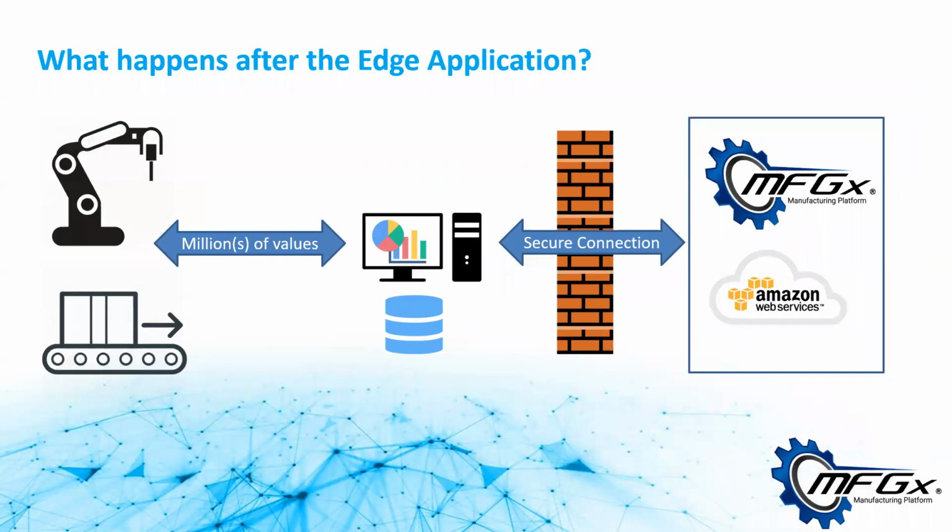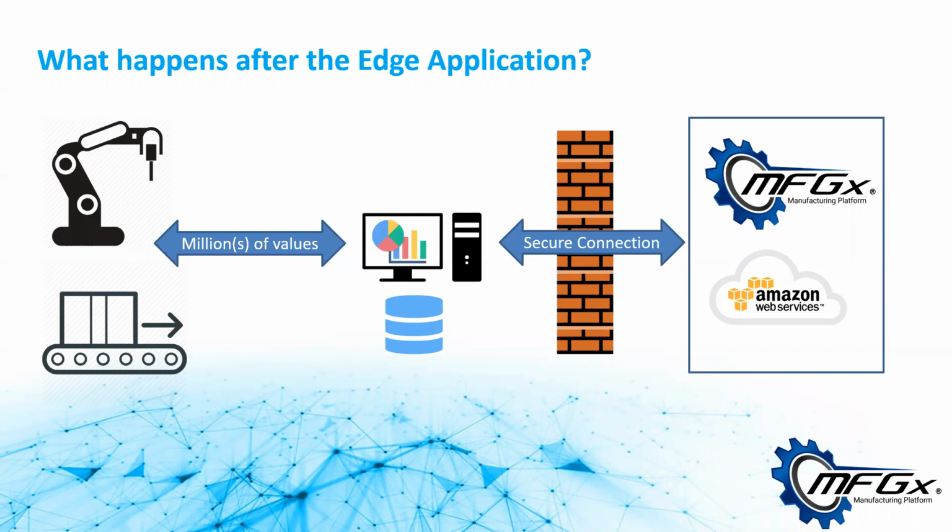So now that we have our little Edge application configured and running, it's time to shift focus and do the next logical step. Like what happens next? Where did all the data go? Like how do we physically record production and all of those fun things that you want to do with an IoT device? This part runs on the manufacturing platform.